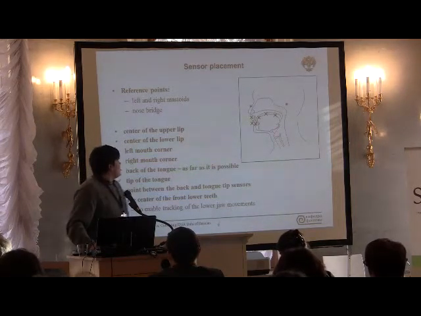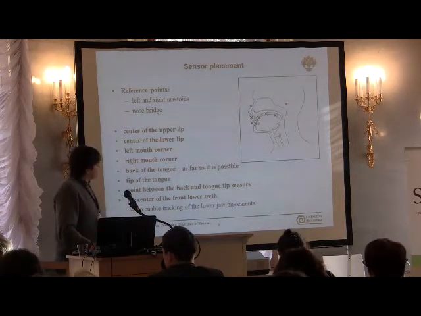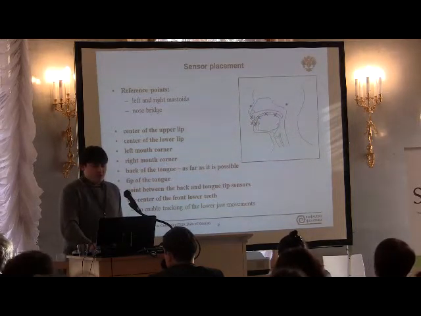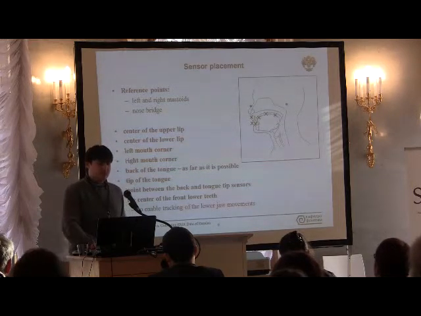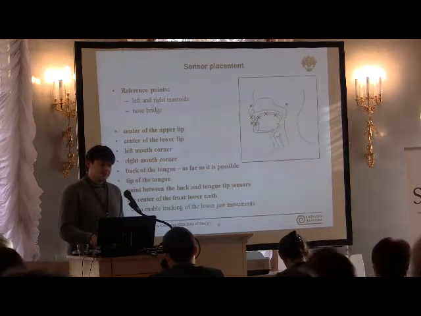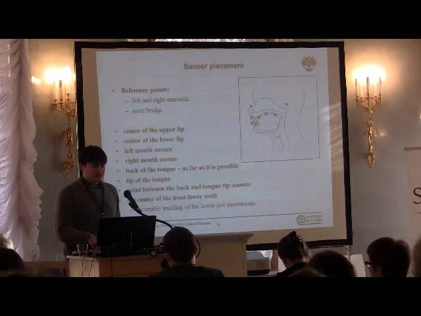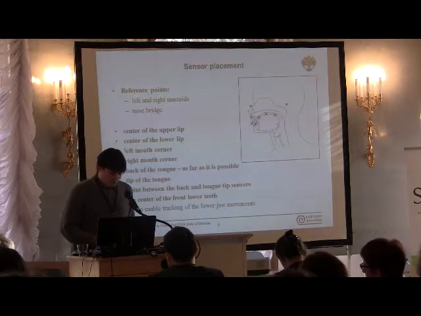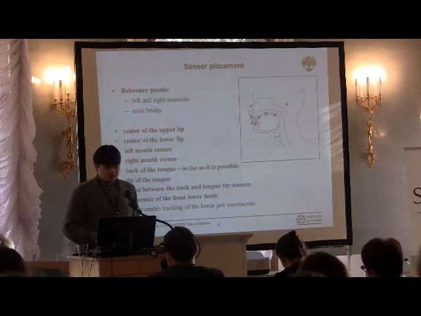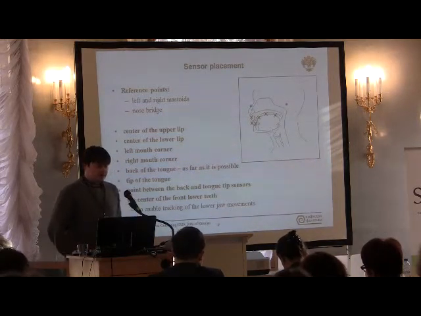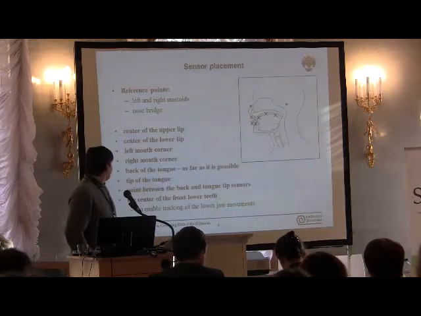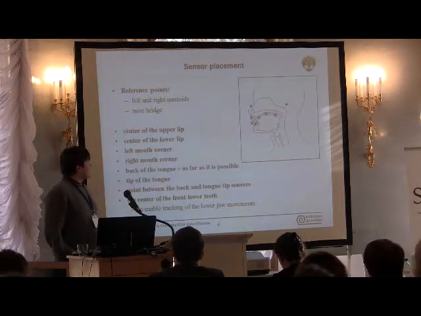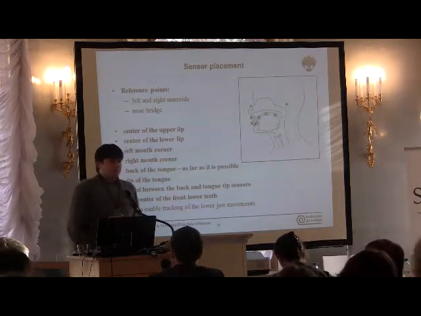So this is the places where we attach our sensors. We have 3 reference points on the motionless parts of the head: the left and right mastoids and the nose bridge. And then we put sensors on the articulators. So it's the center of the upper lip and lower lip, the left and right mouth corners, and the back of the tongue, where we try to put it as far back as possible.